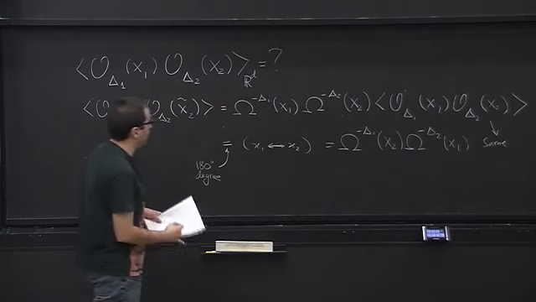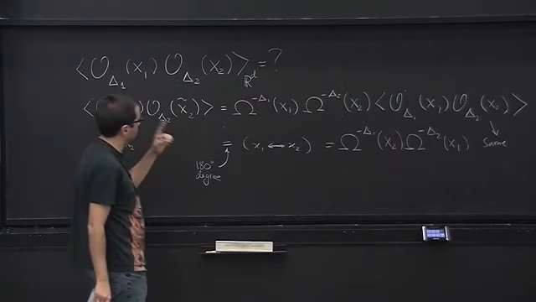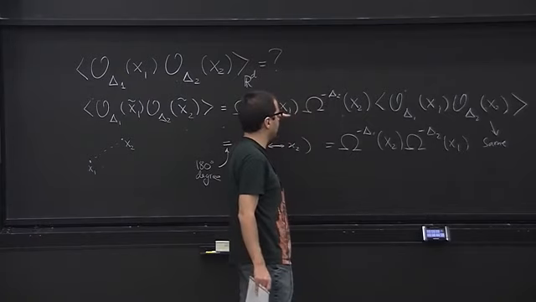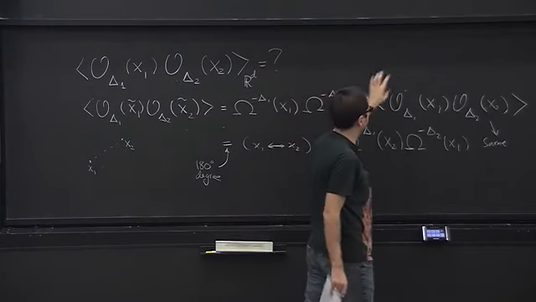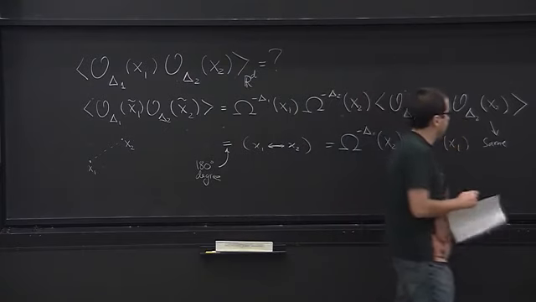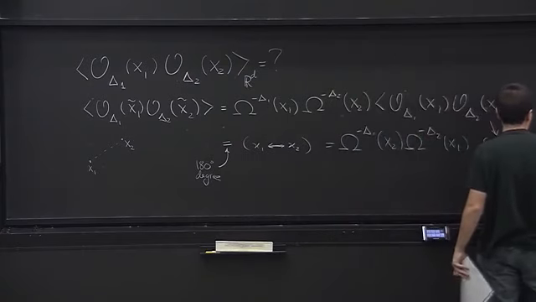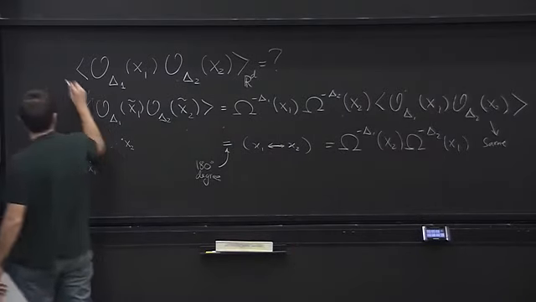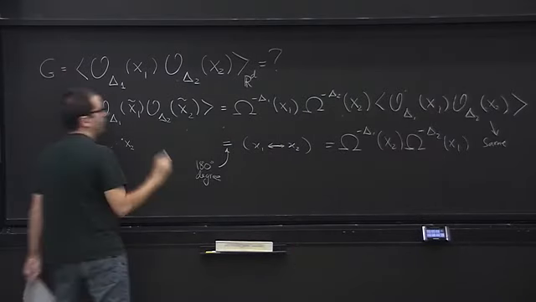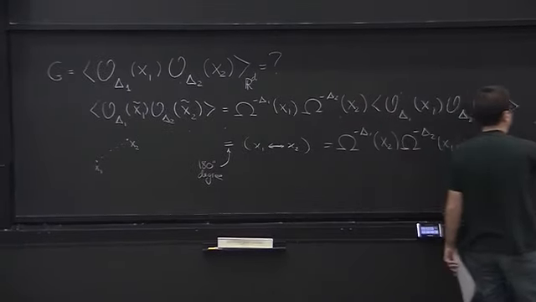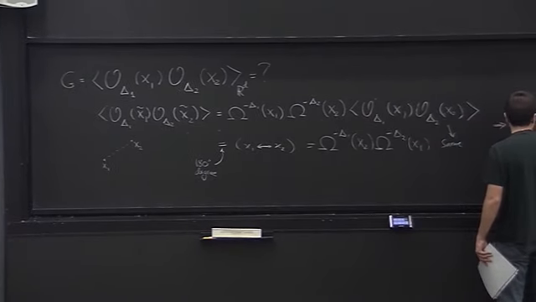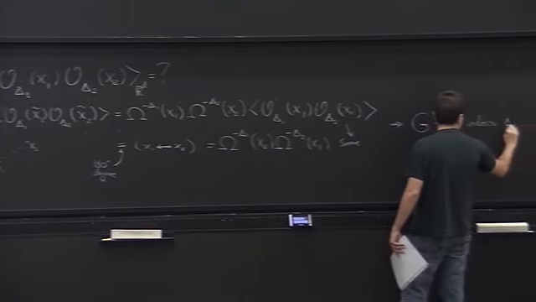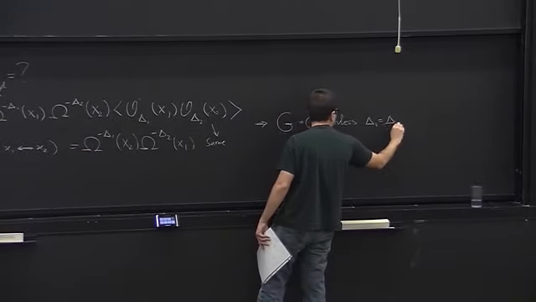But this is inconsistent. I cannot have this correlation function be equal to this one with different prefactors. So I cannot have this times this be equal to this times the same thing. So this implies that this correlator, let me call it G, is equal to 0 unless delta 1 is equal to delta 2.